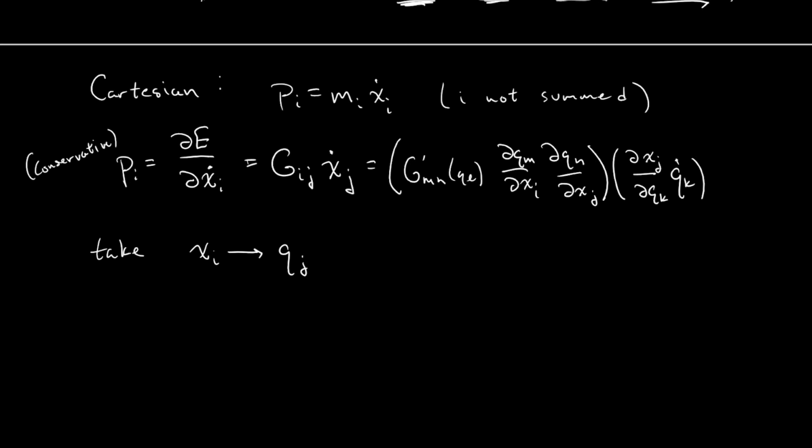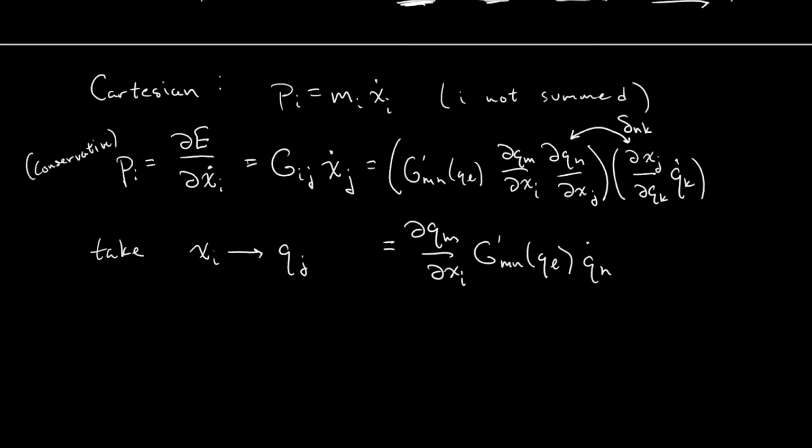So now you see that I end up with a Kronecker delta here. So this is going to be delta nk. And this is going to give me something like dq_m/dx_i, g prime mn of q, q dot n.